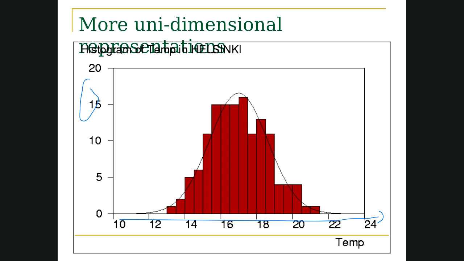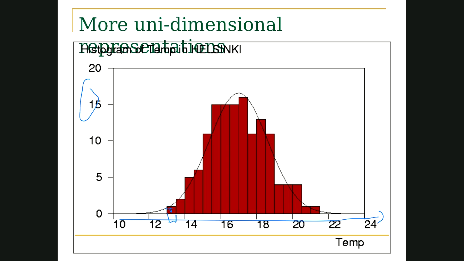Count like 1, 2, 3, 4, 5. How many? So you can see here that this probably is just between 13 and 13 and a half degrees. There's only one data point because that's the height of the bar.